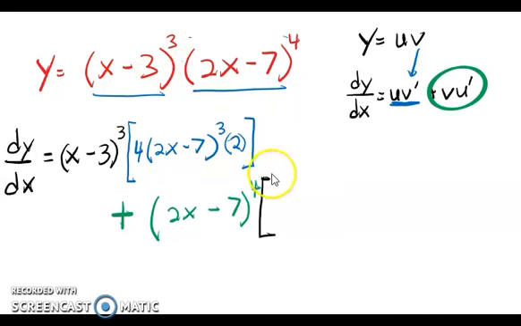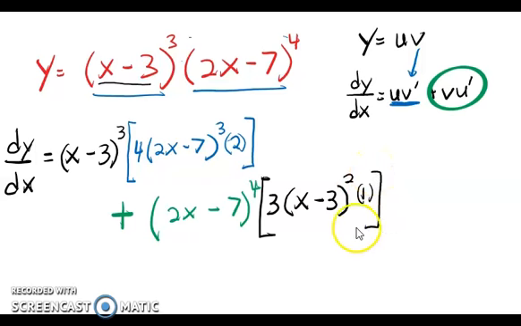The 3 we move in front: (x minus 3), and then this power 3 we minus 1, so it becomes 2 here, and we differentiate inside the bracket. So you differentiate the x, here we have only 1, and we close the bracket.